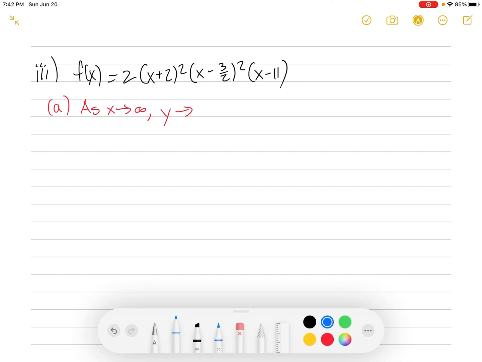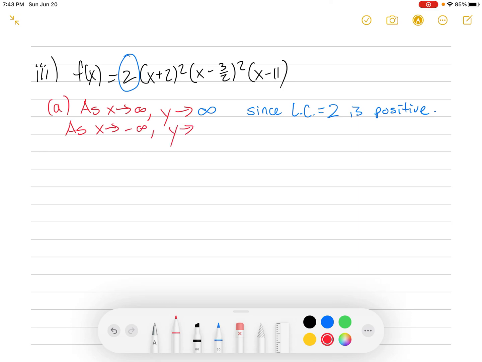Well, we're going to focus on the leading coefficient. So look at the leading coefficient, it's +2, right? That's positive. So since the leading coefficient is positive, that means the right side is going up to infinity, right? Y goes to infinity.